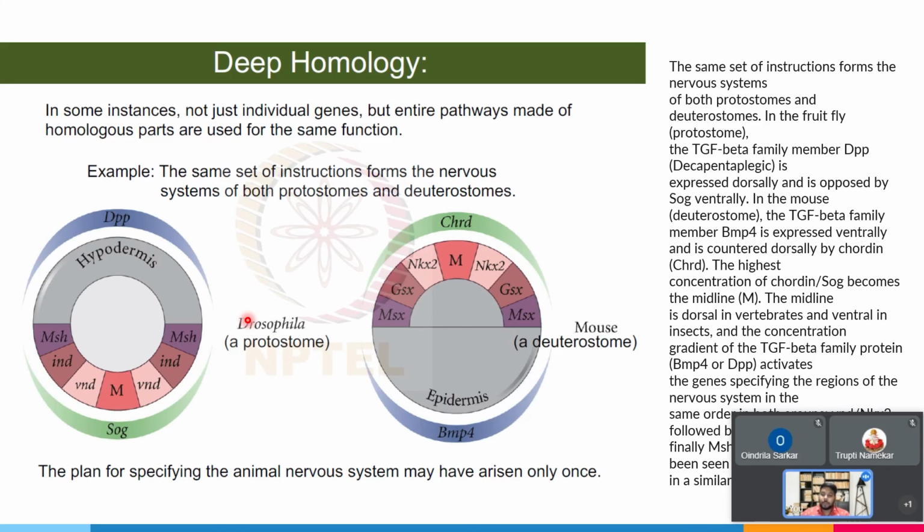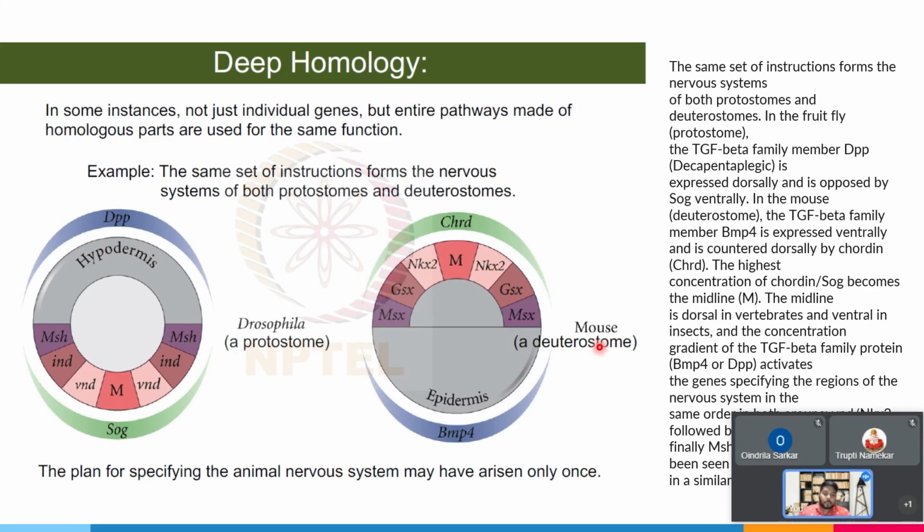So for a Drosophila, we have a plan such as this, in which the signaling molecules DPP and SOG act in opposition. SOG gives rise to various ventral structures, whereas DPP gives rise to various dorsal structures.